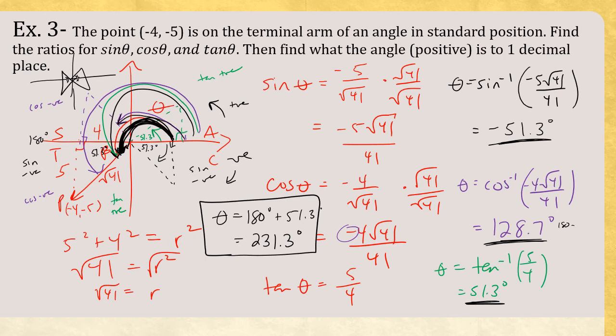If you did 180 minus that, 128.7, what do you think you get? Let's try. 180 minus 128.7 is 51.3. You can see all these angles are related. So what you just calculated right there was the related acute angle. And once you had that, you could have used that to realize that's my related acute angle. I could do 180 plus that to get those angles.